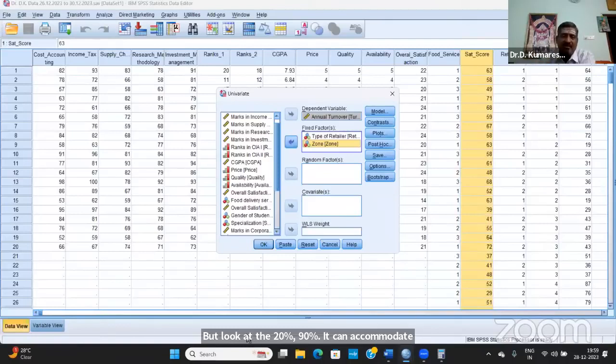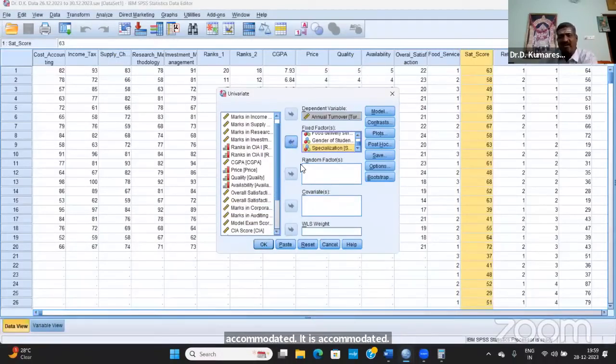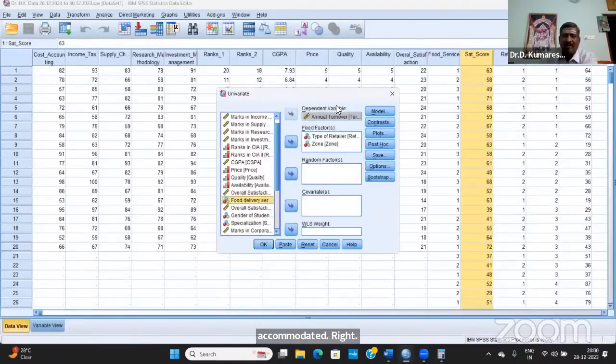Just for your understanding, I am giving this. It is accommodated. Is it not? So any number can be accommodated. But in the case of dependent variable, only one can be accommodated. Suppose I am adding one more thing.